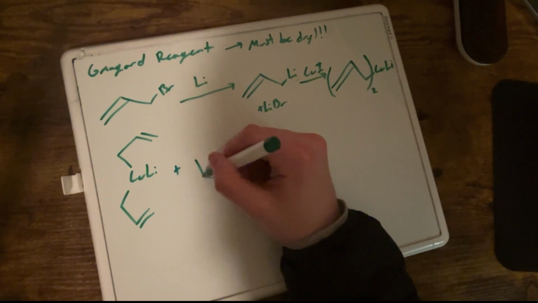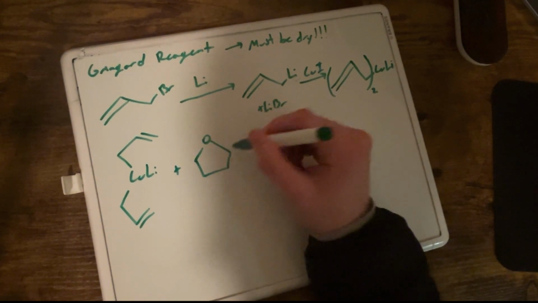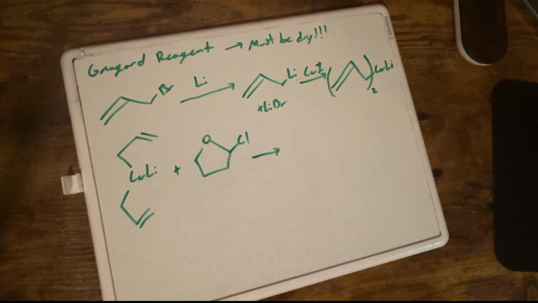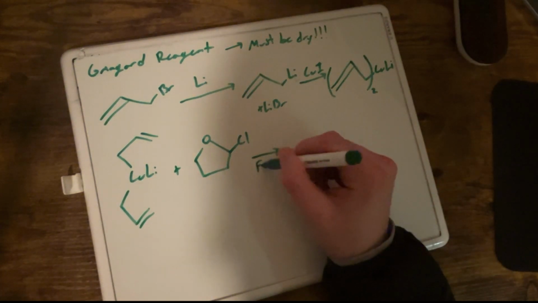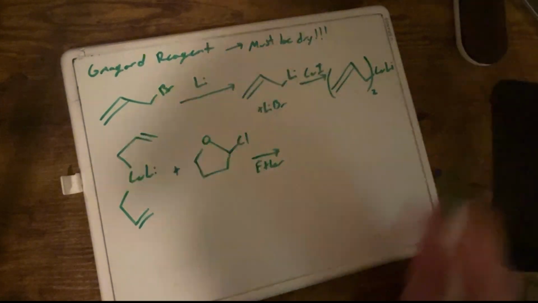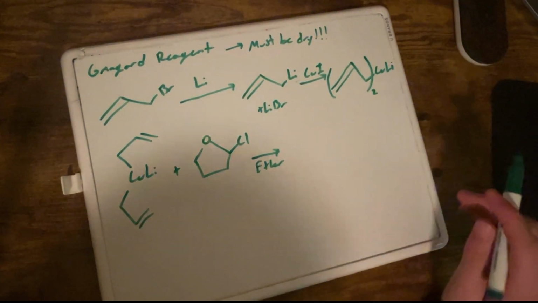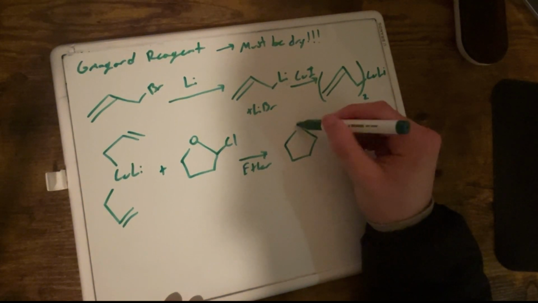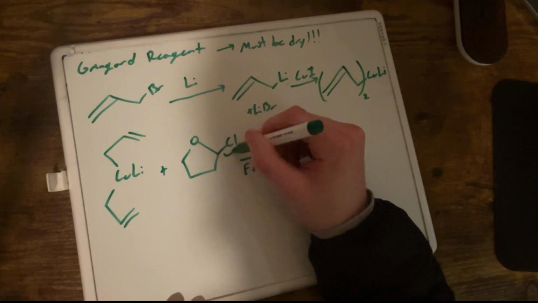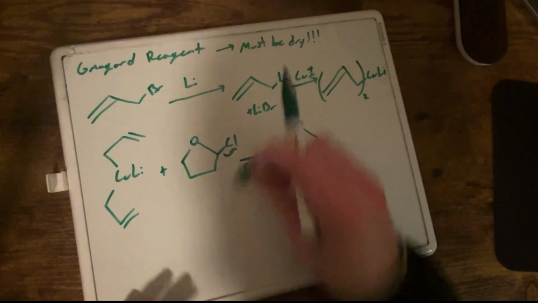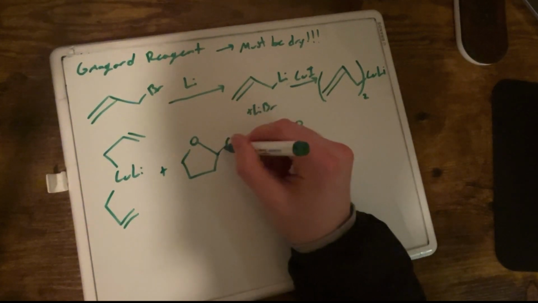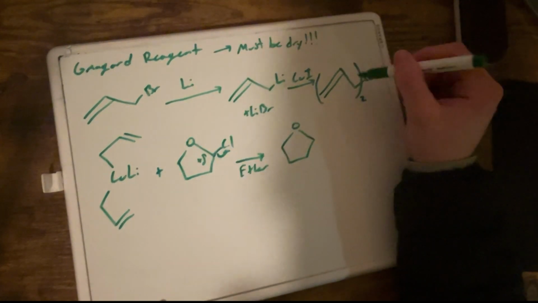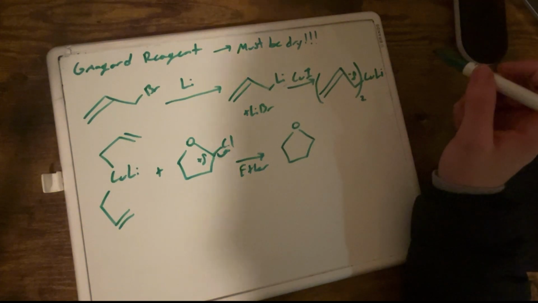If we react this with this guy right here, of course, keep in mind it's an ether solvent. We will actually end up with, now Cl will go here. Note again, the electronegativity is what causes this. That has a partial charge. This is a partial negative.